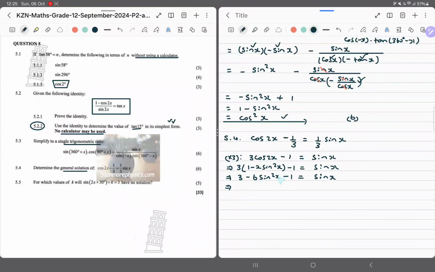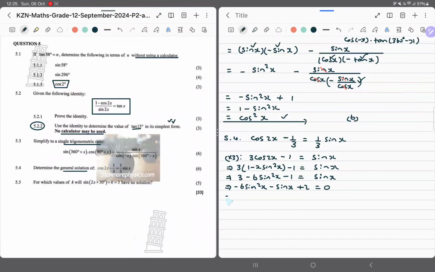Now 3 minus 1 is 2, so we have minus 6 sine squared x plus 2. Okay, maybe let's just transpose this one. We transpose this, it becomes minus sine x. Then 3 minus 1, it's a plus 2, equal to 0.